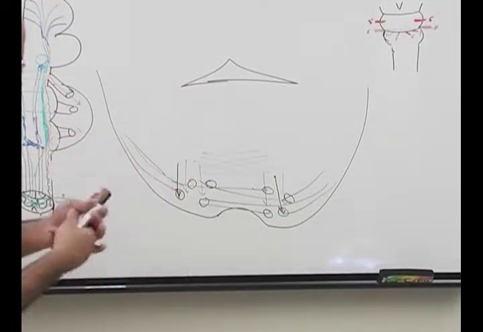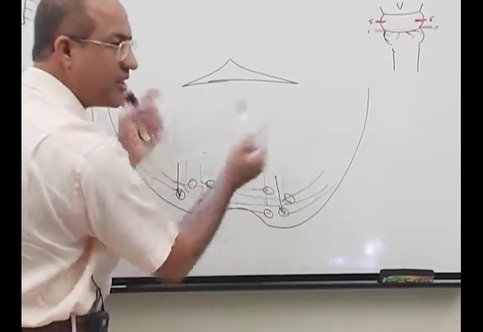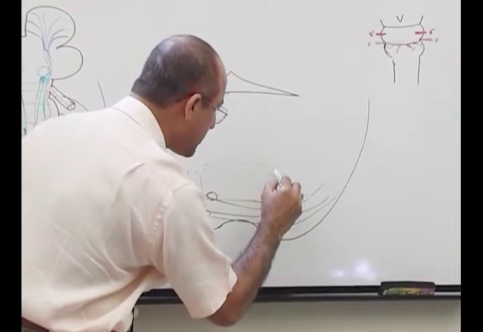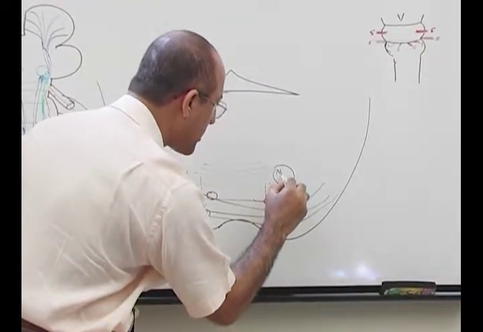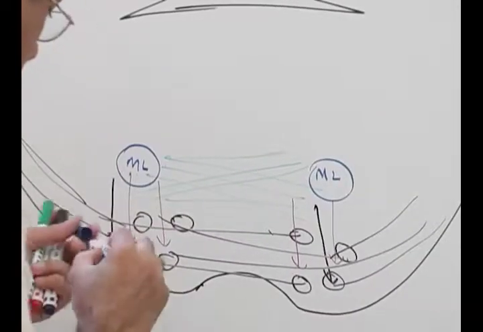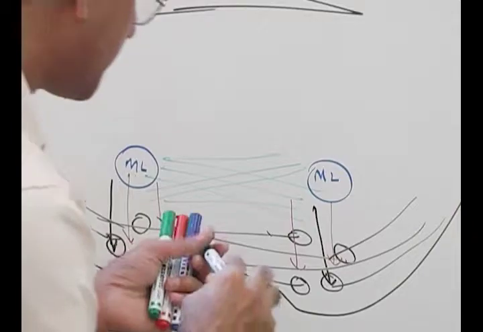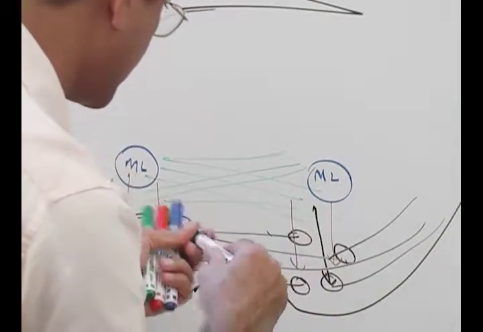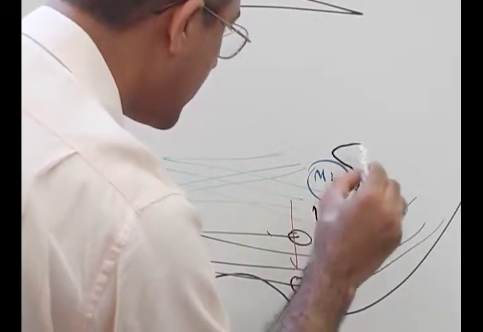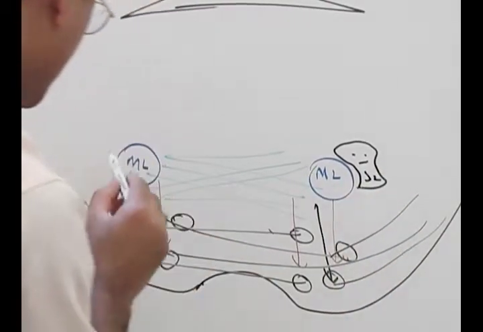Now, after this trapezoid body on the side, we have along with it an ascending system. What is this ascending system? Medial lemniscus. Yes, please. Medial lemniscus. On the side of that, what is here? Okay, this is pressed in between. Spinal lemniscus.